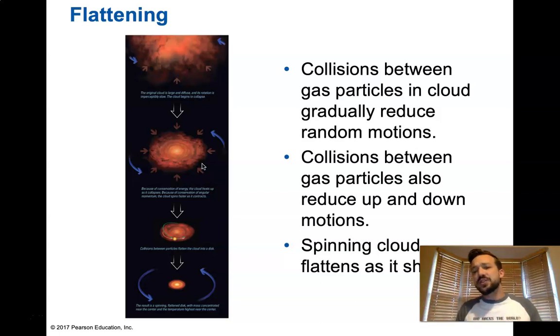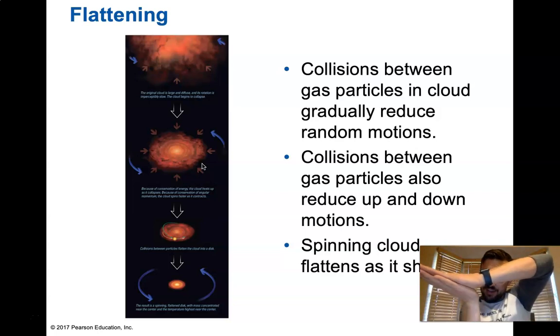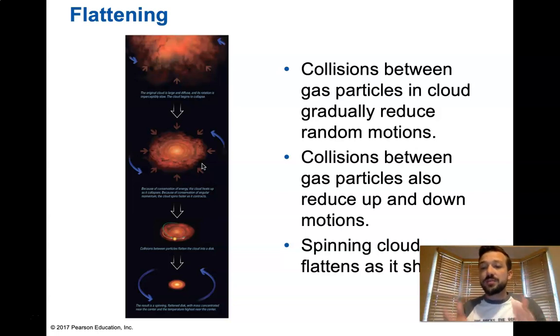Remember, every solar system might be going a different direction. We have a solar system that's flat and orbits counterclockwise. All solar systems will be flat because as they start spinning, flatness is inevitable because of the collisions. But maybe in other solar systems, everything rotates clockwise because the average particles are moving in a clockwise direction.